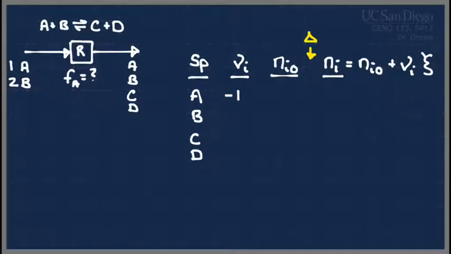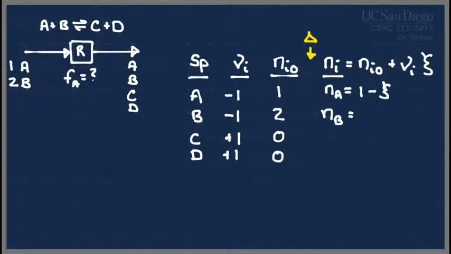Remember, the stoichiometric coefficients are negative for reactants and positive for products. Fill in how much of everything is coming in. So we had 1 A, 2 B, no C, and no D. And then we would use that expression for the moles coming out as a function of the extent of reaction squiggle to say things like, okay, the moles of A has to be equal to 1 minus squiggle, moles of B is 2 minus squiggle.